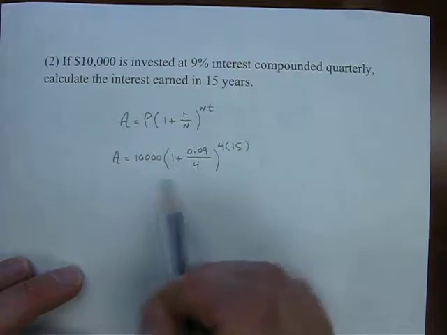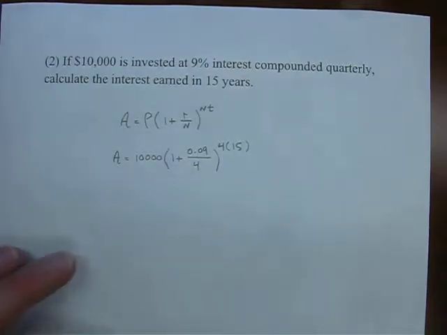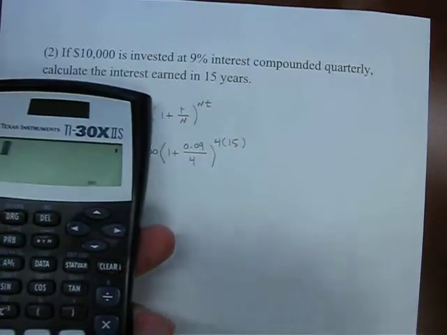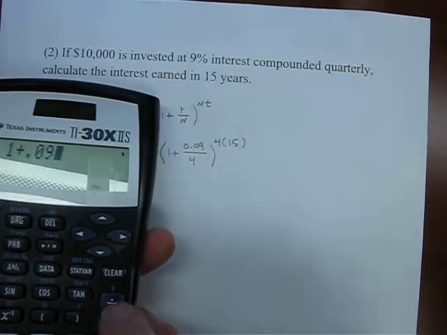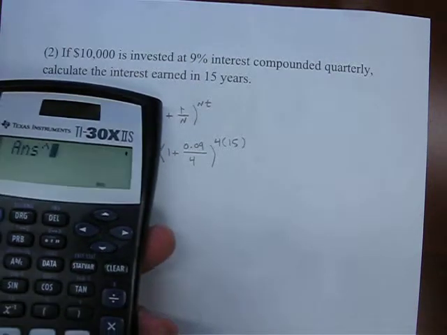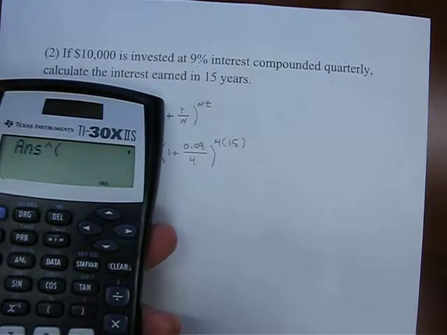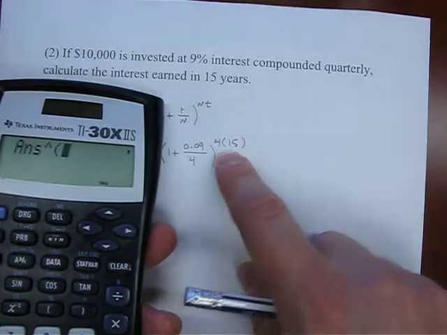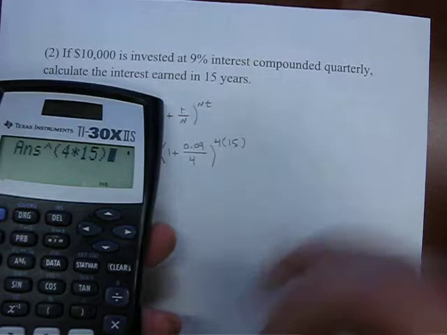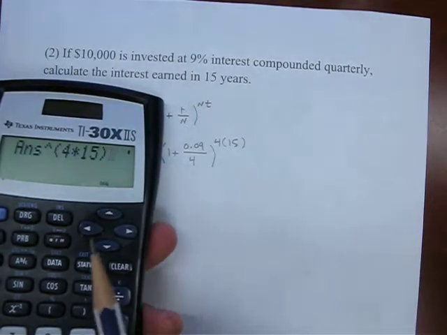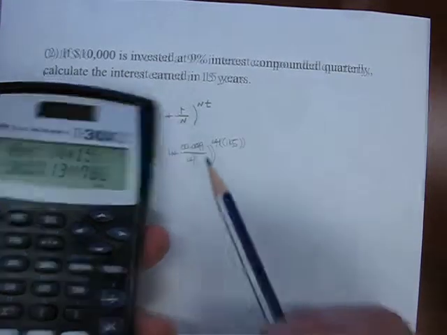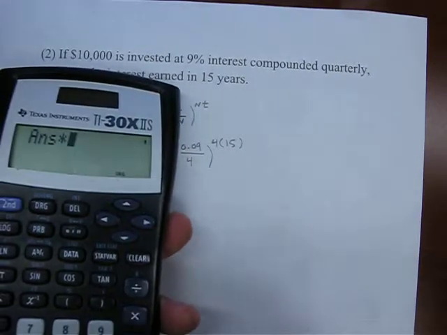Okay. Say I do this. So I'm going to do it like I did the last one. I'll take 1 plus 0.09 over 4. I'll raise that to the power of 60. But if you want to type it in, just make sure that you use parentheses like that. All right. Now I need to take that number times 10,000.